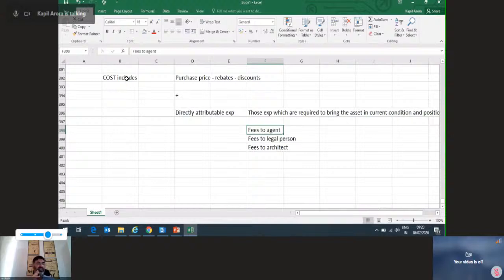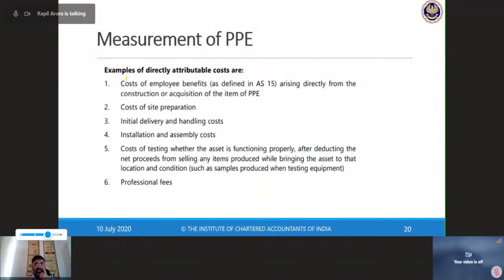Let's understand what could be the directly attributable expenses. Let's assume I have my employees who are going to directly work on that particular asset. Their cost, for my labor, if my labor is working on a building, that labor cost will be added in the value of asset.